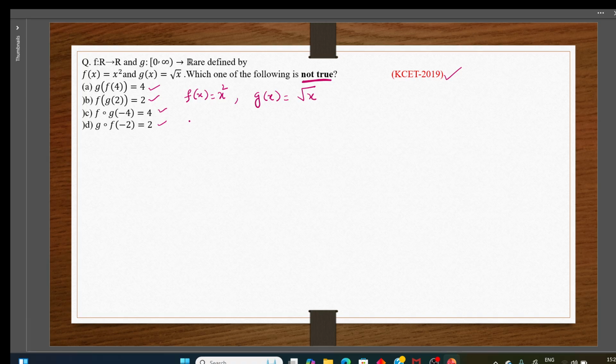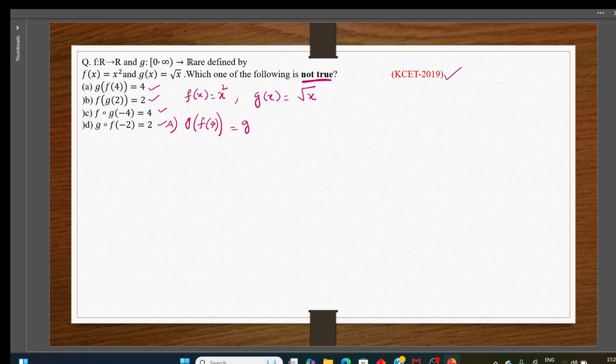What is the first option here? g of f of 4 is equal to. So g of f of 4 means g of, what is f of 4? What is the f function? x square.